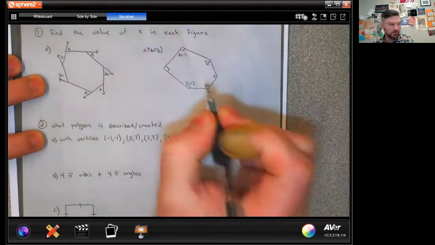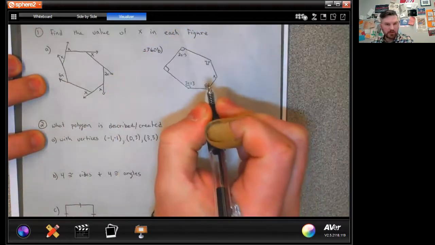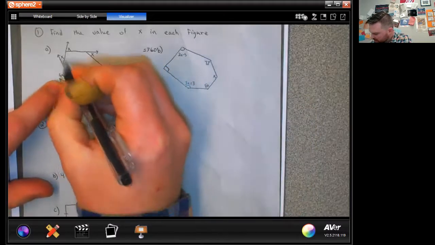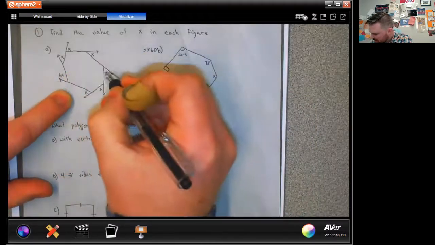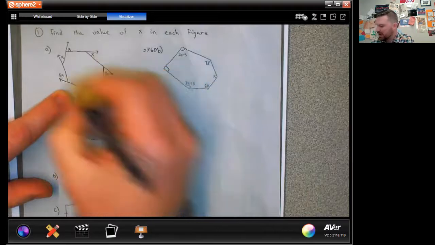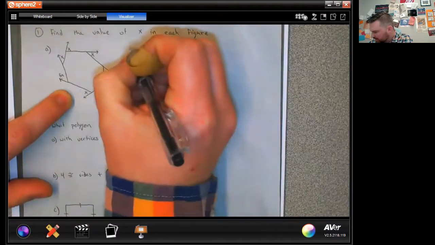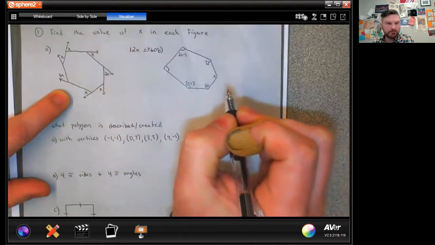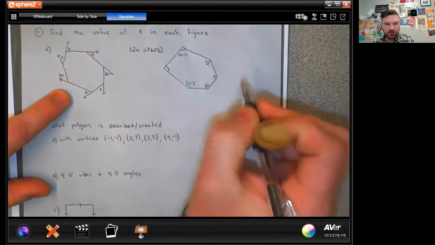So we'll set that equal to 360. Let's count the number of x's: 5, 6, 7, 8, 9, 10, 11, 12. So I'd add all of that up. In fact, that's 12x, and that will equal 360.